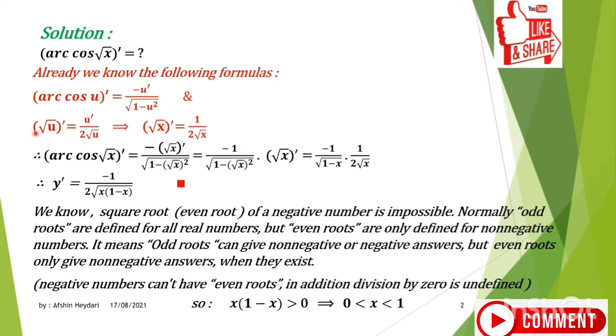In addition, the derivative of radical u equals u prime over 2 multiplied by root of u, especially for this problem. When we have radical x, the derivative of radical x equals 1 over 2 multiplied by radical x.